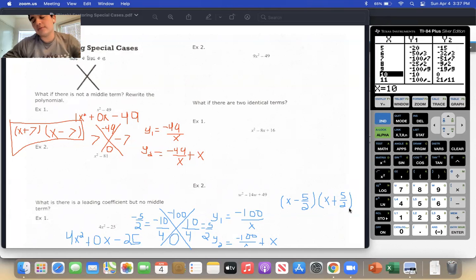But remember, we don't want to write factors like this. We don't want to write them with fractions. So what we have to do is take this denominator, the 2, right? And we bring it in front of the x, okay?